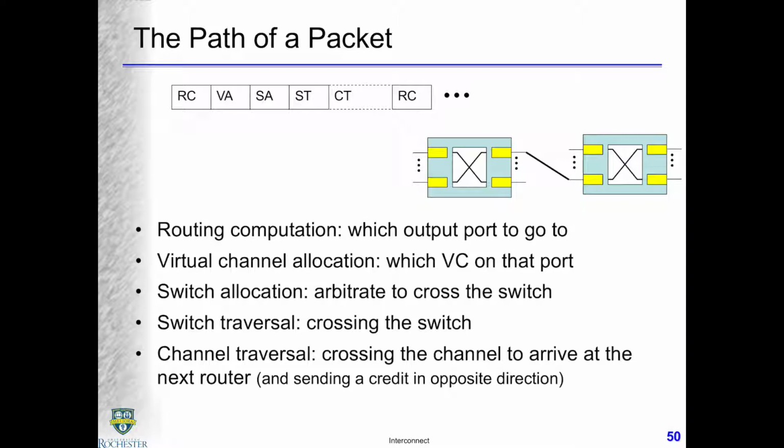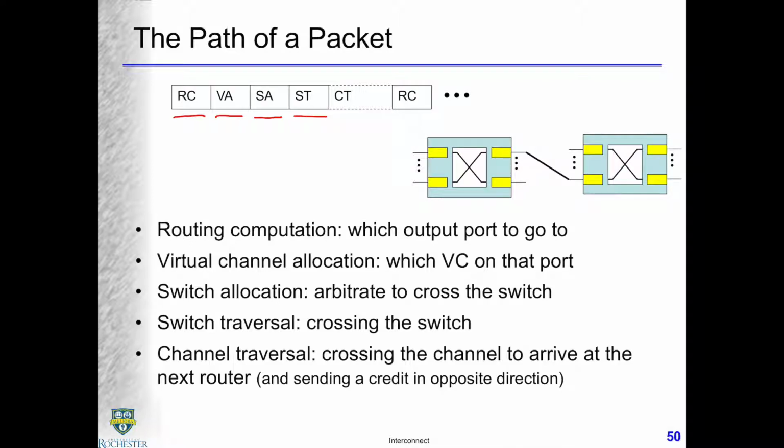And you can also play tricks to get rid of some of the dependencies and try to make the whole process go much faster, and we will see that as well. So all of the following discussion is based on this canonical, one typical way of building a router, and it involves route computation, virtual channel allocation, switch allocation, and switch traversal.